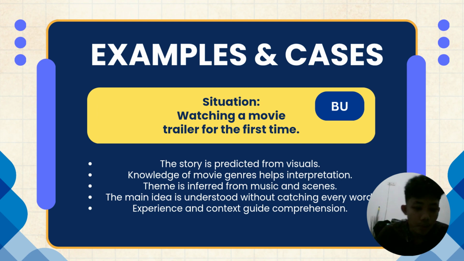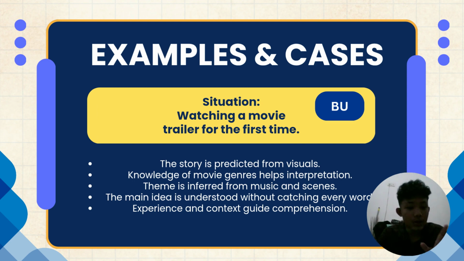I will give you more about bottom-up processing. This is another example and case. The situation is watching a movie trailer for the first time. So why is this considered a bottom-up process? Because we watch it for the first time, and the story is predicted from visuals, not from prior knowledge.